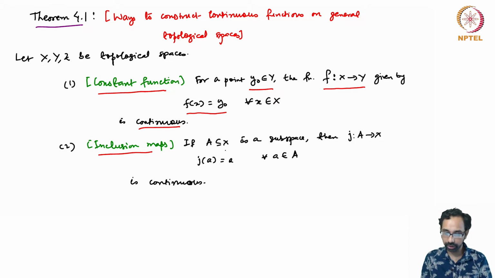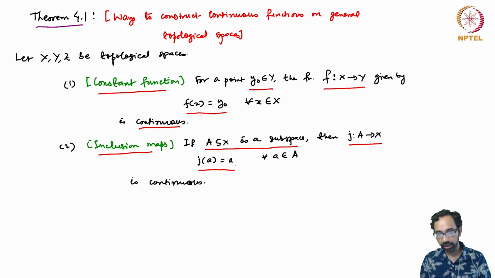By an inclusion function we mean when you have a subset A with the subspace topology, and then the map j from A to X, which simply takes a point to itself. On the left hand side you have an element in your subset A, and on the right hand side you consider it as a point in X. This is a continuous function.